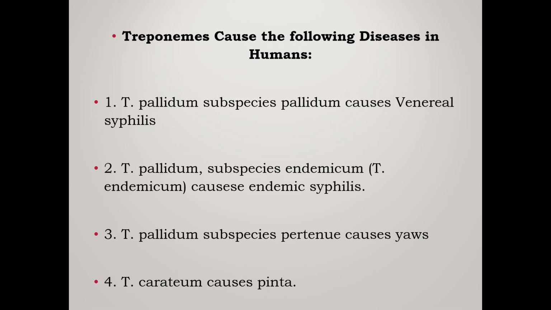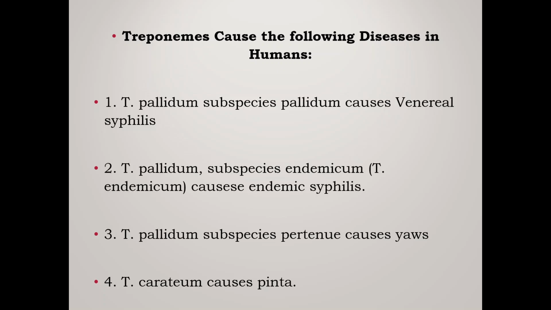Treponemes cause the following diseases in humans. Treponema pallidum subspecies pallidum causes venereal syphilis. Treponema pallidum subspecies endemicum causes endemic syphilis. Treponema pallidum subspecies pertenue causes yaws, and Treponema carateum causes pinta.